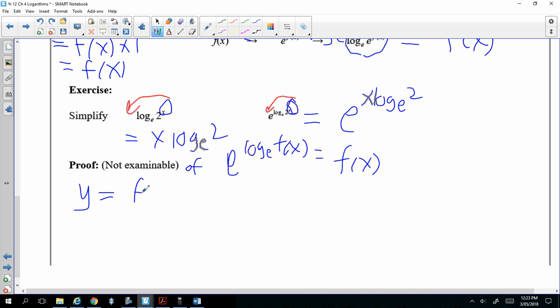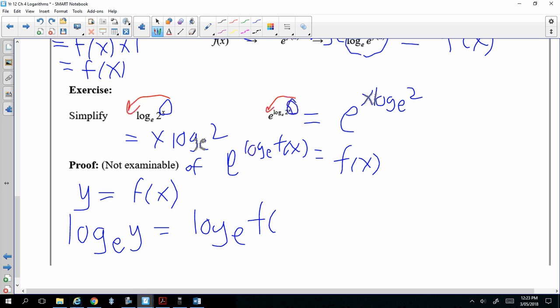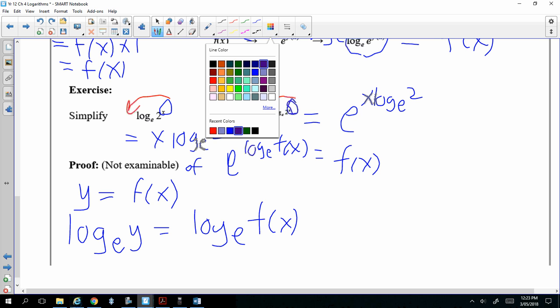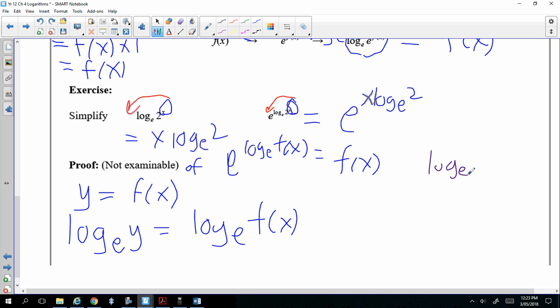and then we're going to log base e both sides. We're allowed to do that. Now, let's recap this rule. If I write log base e of a equals b, I could write it in index form: e to the power of b equals a.